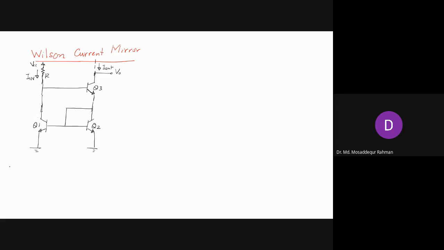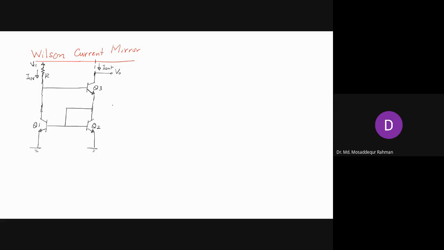This circuit uses 3 transistors. You see there is a little bit of a twist here. In all the previous cases, the base to the collector of Q1 was tied, shorted. Now in this case, the base to collector of Q2 is shorted. So that is the change, and here you have only 3 transistors.